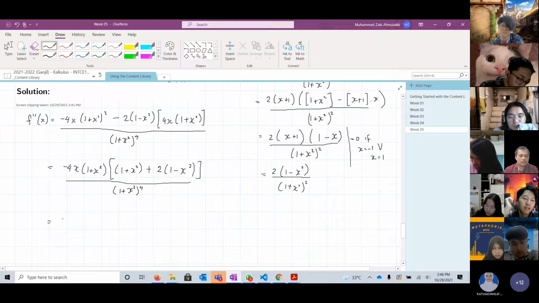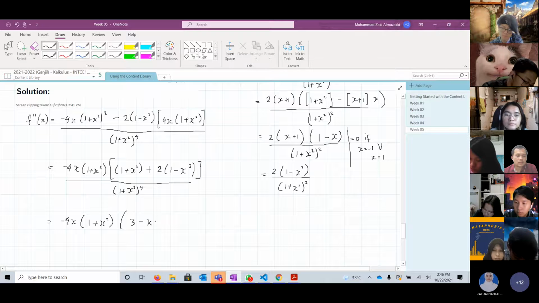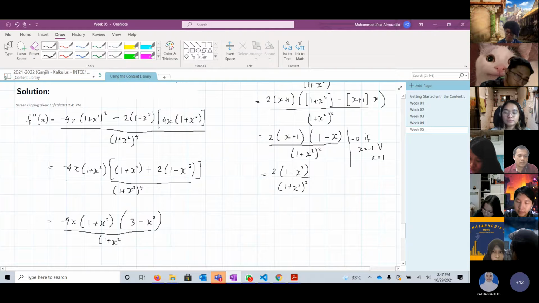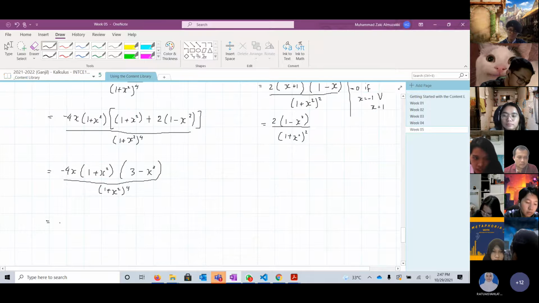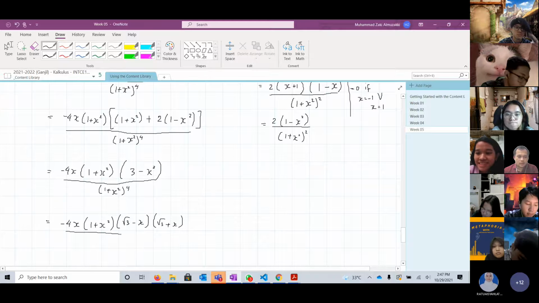So in this case we will have minus 4x 1 plus x squared multiplied by 1 plus 2, so it is 3 x squared minus 2x squared, so minus x squared, divided by 1 plus x squared power 4, which is equal to minus 4x 1 plus x squared times square root of 3 minus x times square root of 3 plus x, divided by 1 plus x squared power 4.